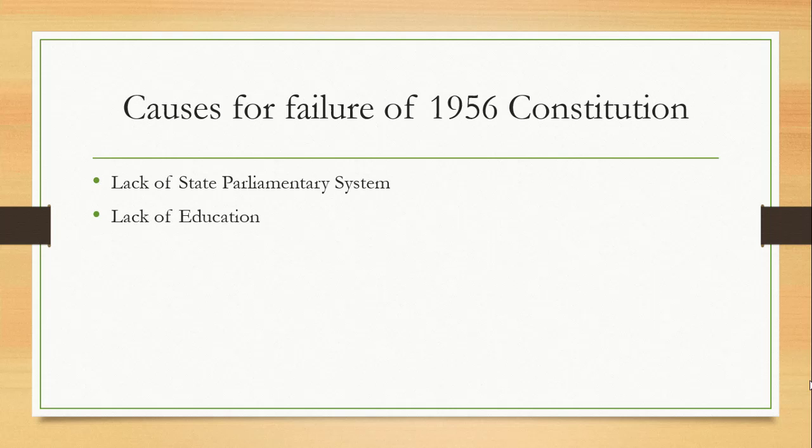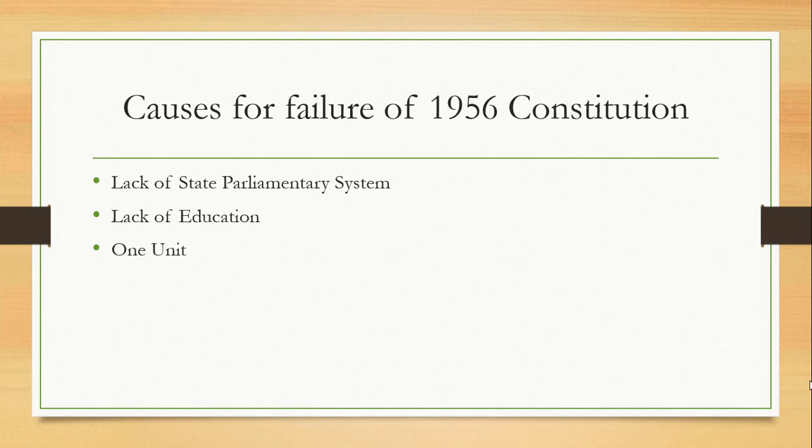Lack of education. Unfortunately, the people were not well educated, they were illiterate, and the people were easily influenced by others. So this lack of education also led to the failure of the Constitution of 1956.